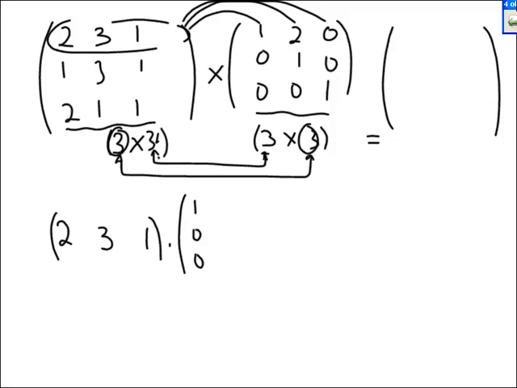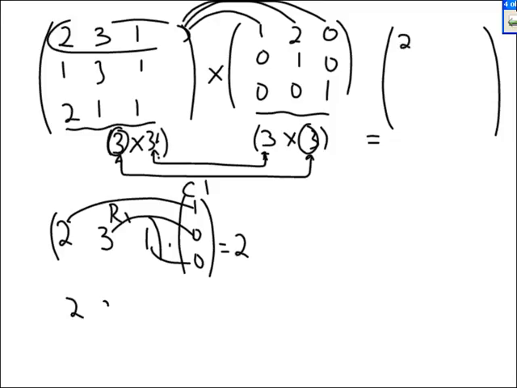This is the first column, and I get 2 plus 3 zeros plus 1 zero. I get 2 plus 0 plus 0, which is 2. First row, first column. That's just where I put it. Now I am going to dot the first row with the second column, 2, 1, 0.